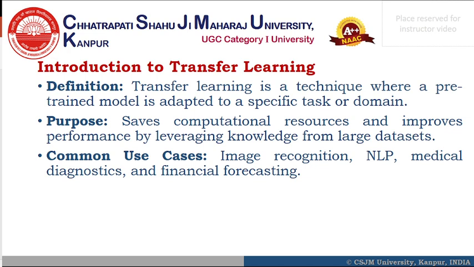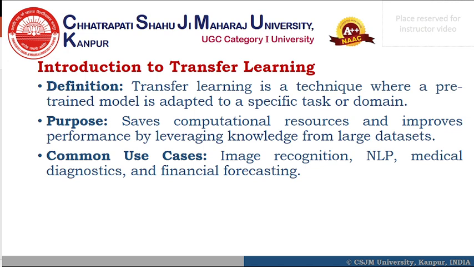So, what are the purposes behind transfer learning? The primary goal of transfer learning is to improve AI efficiency by reducing computational resources, enhancing performance, and accelerating training. Transfer learning has found applications across multiple AI domains, including image recognition, NLP, medical diagnostics, and financial forecasting.